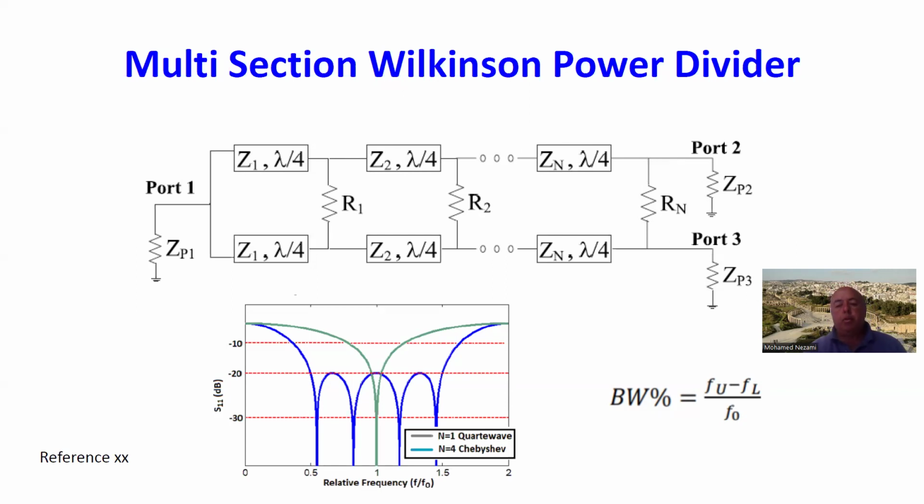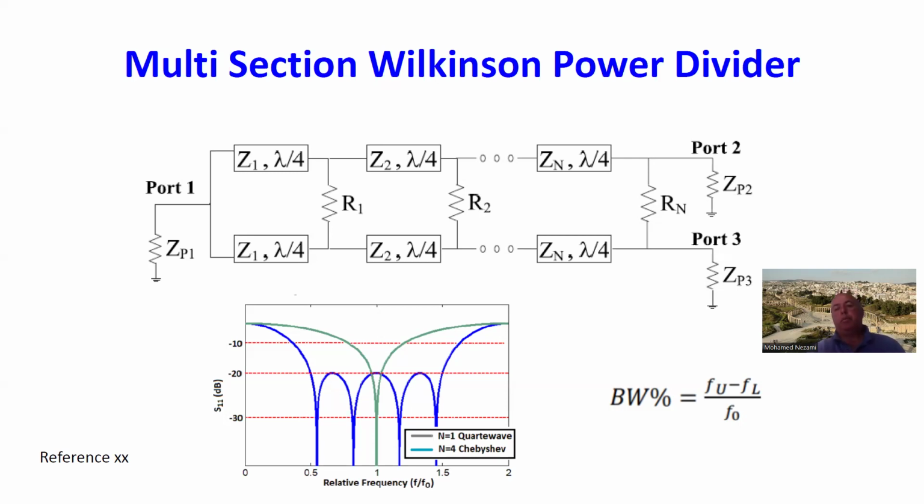We usually follow a Chebyshev-type computational distribution of these transformers, and it's well documented. A lot of times in a graduate course in RF devices, you might derive those based on the odd and even reflection coefficients of the two-way splitter with multiple sections.